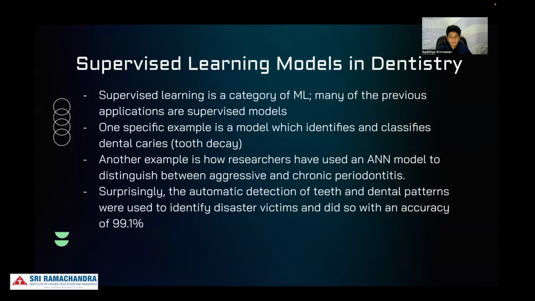Because you have the two set categories, this is a form of supervised learning. And surprisingly, the automatic detection of teeth and dental patterns by a supervised learning model used to identify disaster victims had an accuracy of 99.1%, which is surprisingly high for a model.